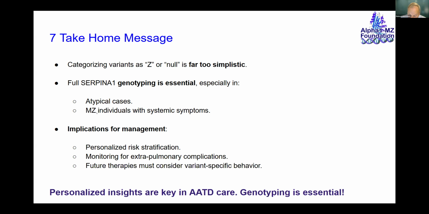In alpha-1 antitrypsin deficiency, personalized insights are vital, and comprehensive genotyping is essential. The Alpha-1 MZ Foundation is driving this mission forward, but to fully understand the impact of this gene mutation, we need your support and funding now. Thank you.